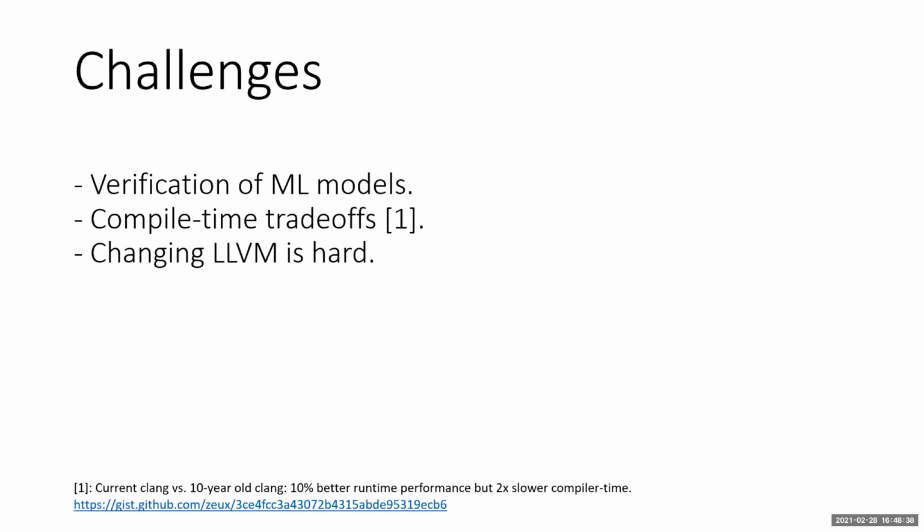Some domains will prefer 2 times faster compilation time instead of, for example, 10 times better runtime performance of the generated code. And the third challenge is pretty simple, because changing LLVM is hard. Adding a new instruction into LLVM is painful. I'm not even talking about designing and implementing a new intermediate representation.